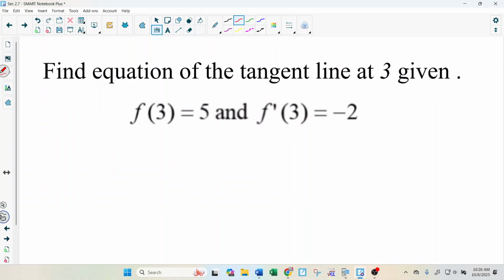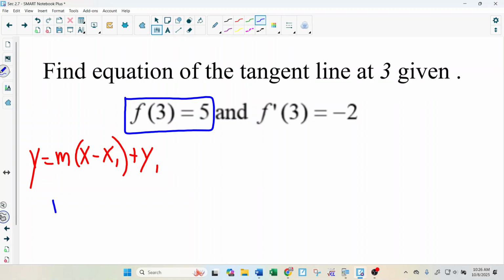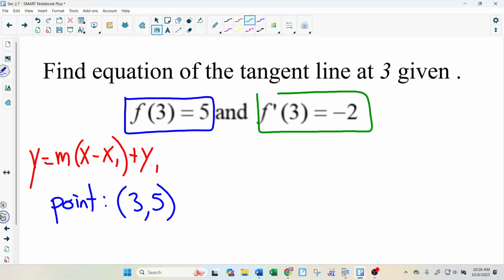Now, we know generally this is our equation of our line. From the function, f of 3 is 5, that gives us the point, right? That this is (3, 5). The derivative at 3 is the slope of our tangent line. That's the slope of our curve.